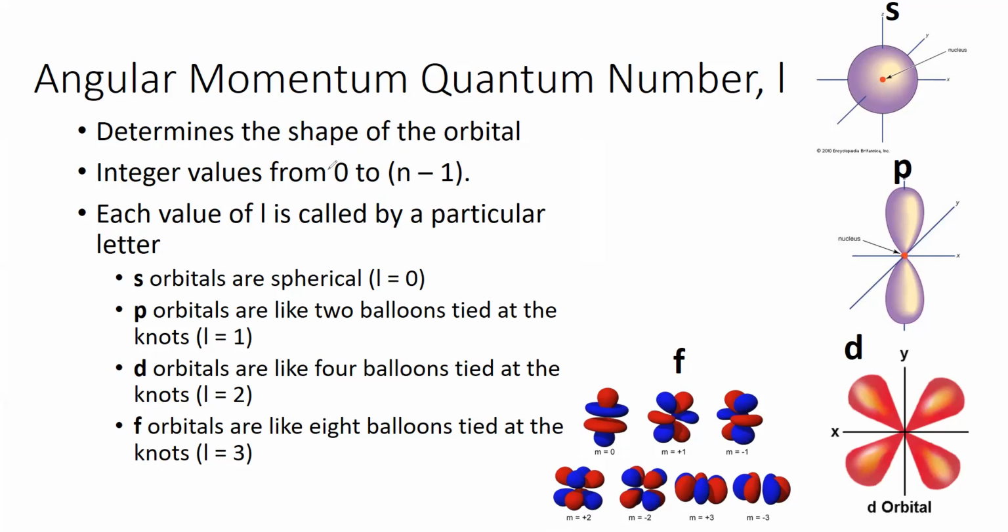And there are 4 common values of L. So let's first look at these 4 values of L and what they mean, and then let's talk about what rules govern giving these quantum numbers to electrons. So the 4 values of L are 0, 1, 2, or 3.